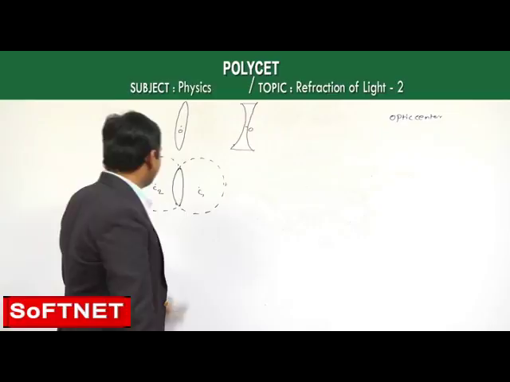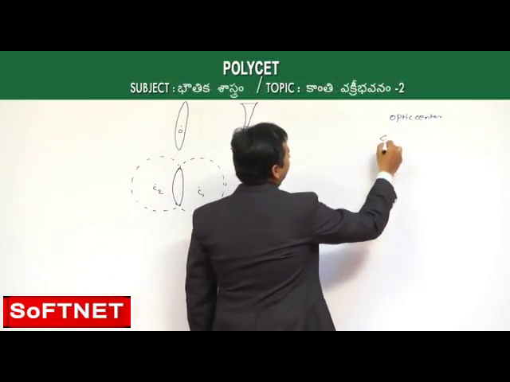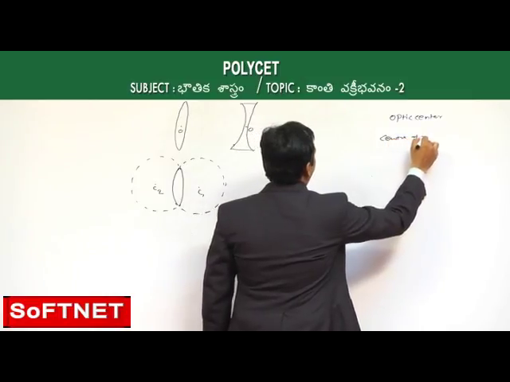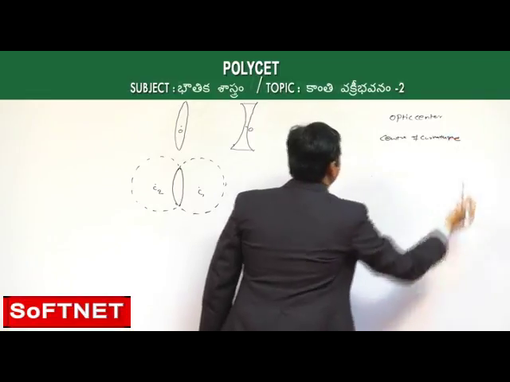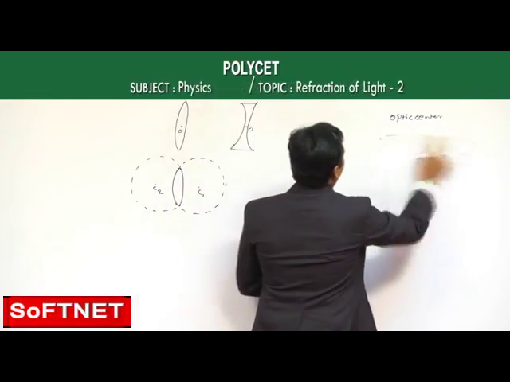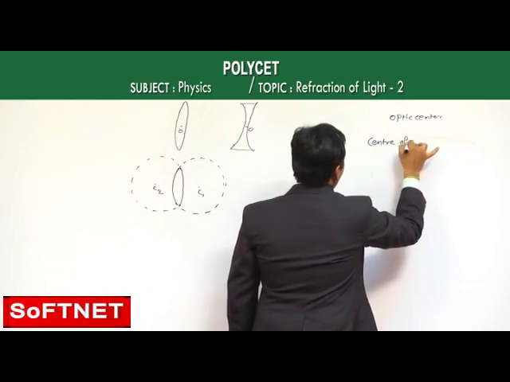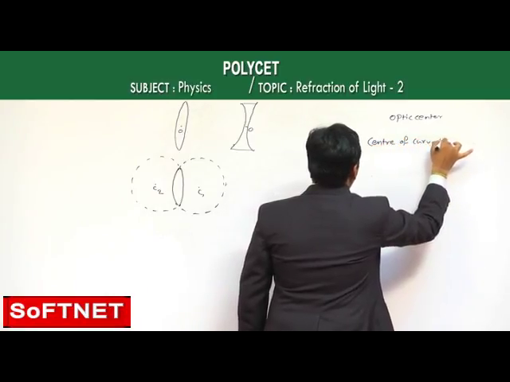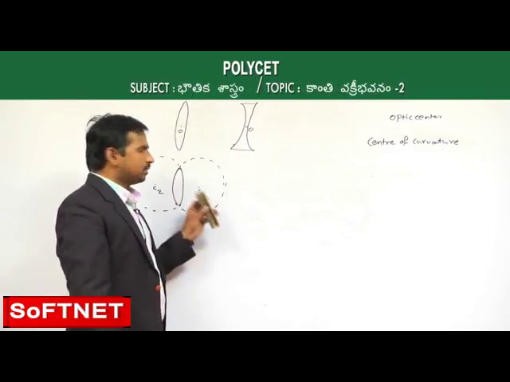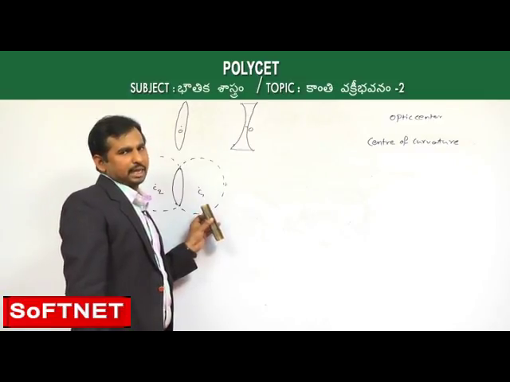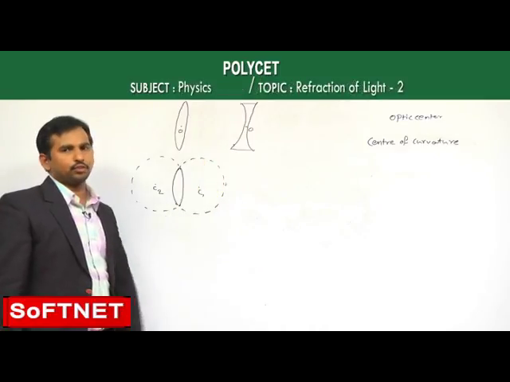And next we have the center of curvature, which is the center of the spherical glass of which our lens is a part.